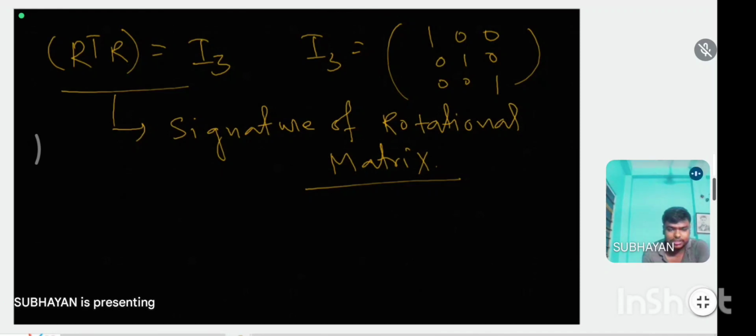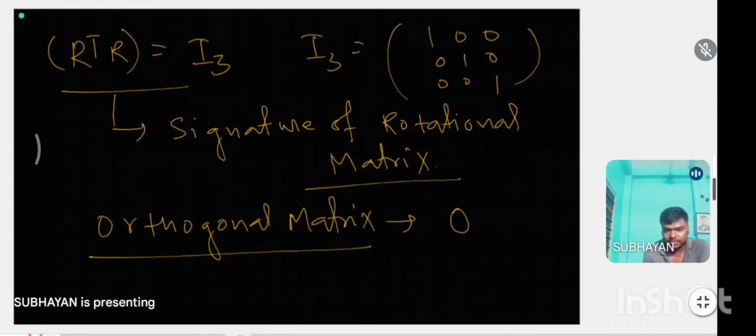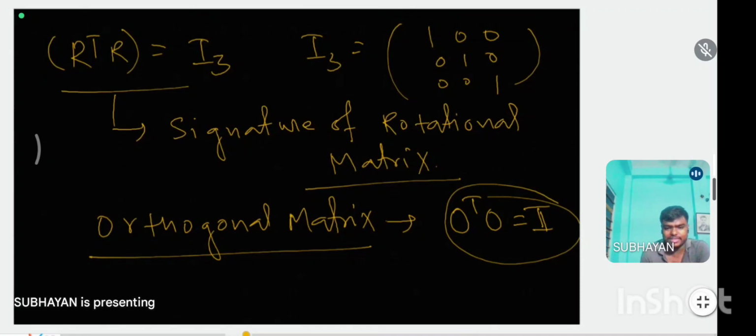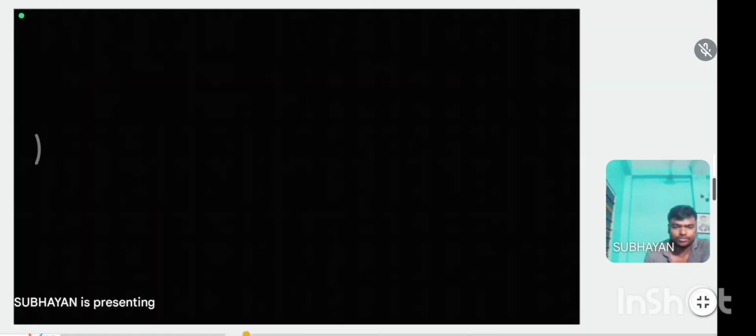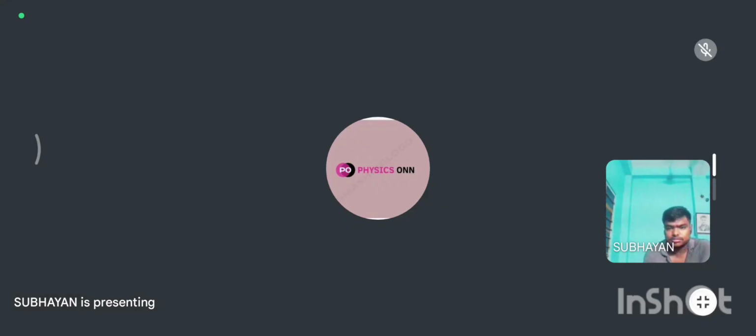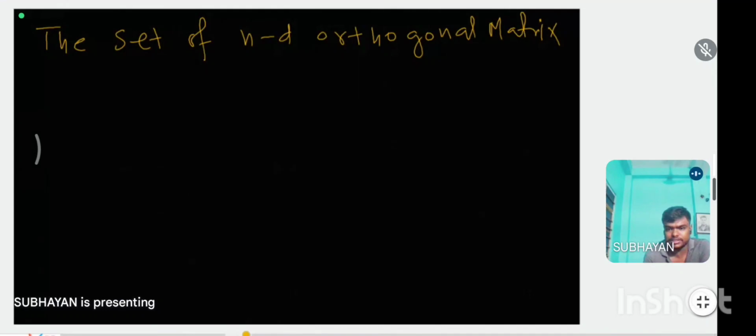Okay? Orthogonal matrix. Any orthogonal matrix O, O transpose O will be I. This is the property of an orthogonal. So rotational matrices are basically orthogonal. So suppose I am denoting the set of n-dimensional orthogonal matrices to be ON.